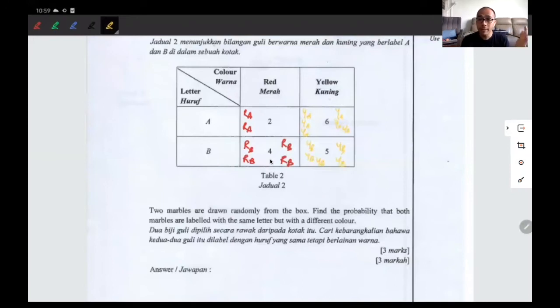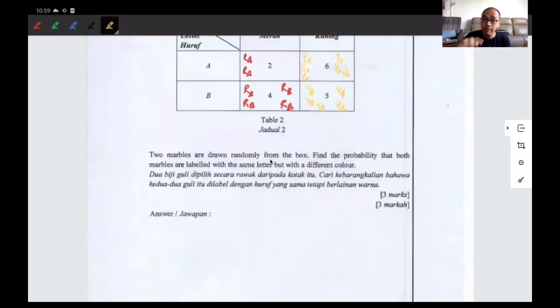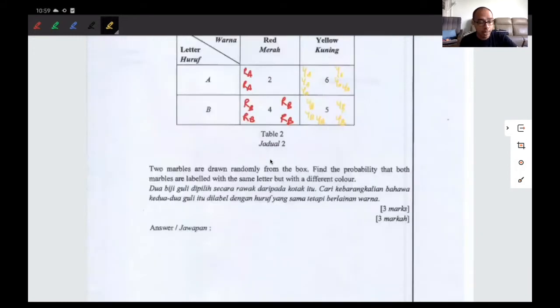Okay. So 2 marbles are drawn randomly from the box. That means you don't put one back. Find the probability that both the marbles are labeled with the same letter but different color. Okay, let's consider all the possibilities. Same letter and different color. So red A and yellow A. Same letter, different color: red B and yellow B. But because we don't put back the first marble, we have to take 2 at one time.